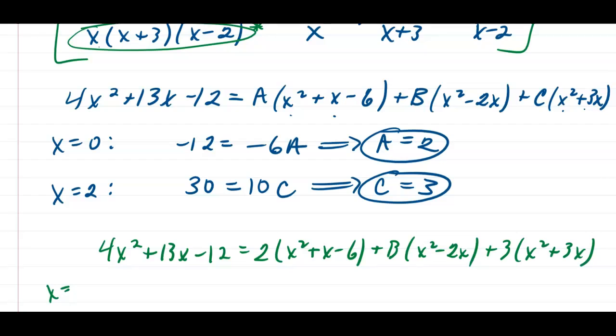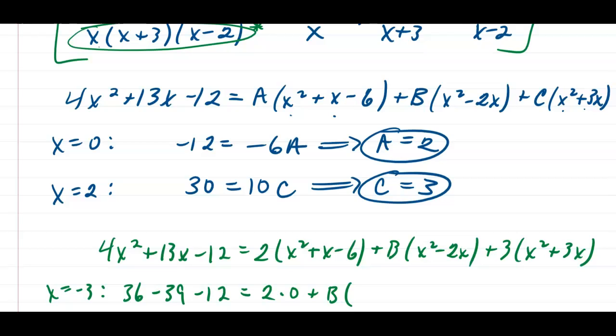Now, when we let x be negative 3, let's see what we get. 4 times negative 3 squared, that's a 36. 13 times negative 3, that's a negative 39. And then we have the minus 12. And let's see, over here we've got 9 minus 3, which is 6, minus 6, which is 0. I'm writing down a little bit more this time, you may notice, just to be careful.